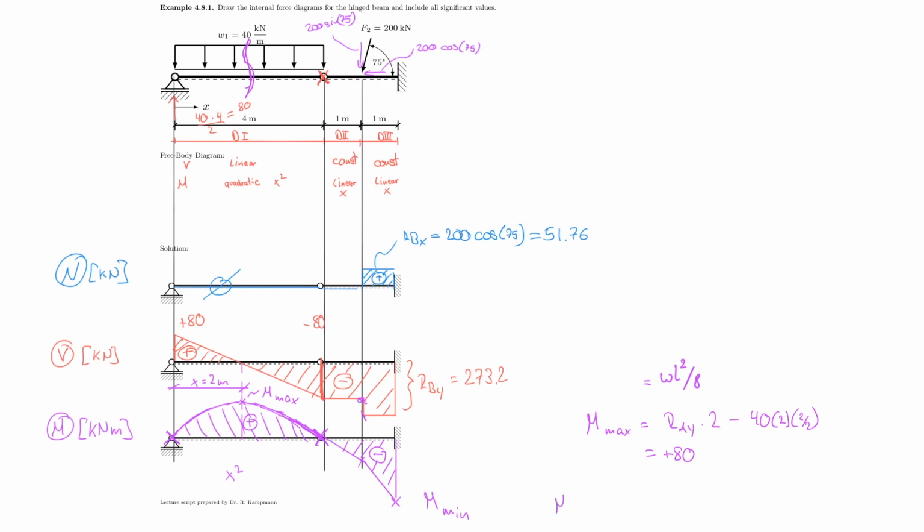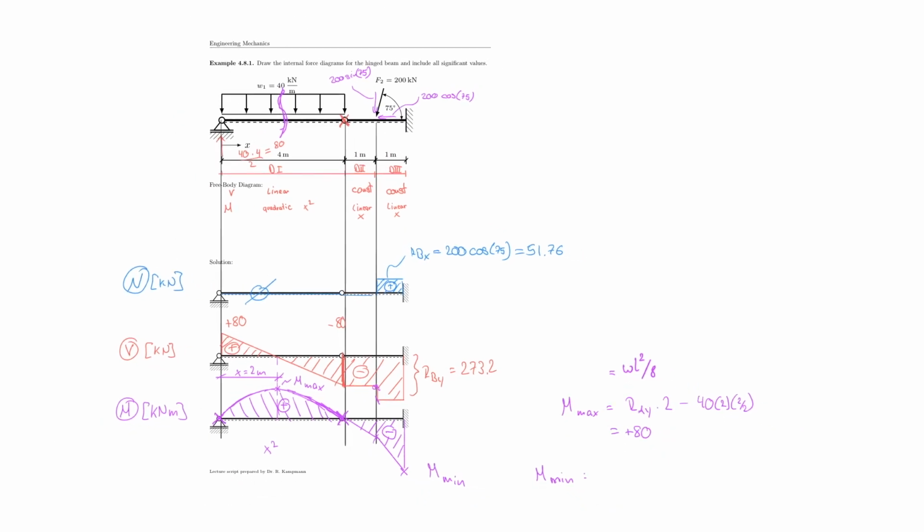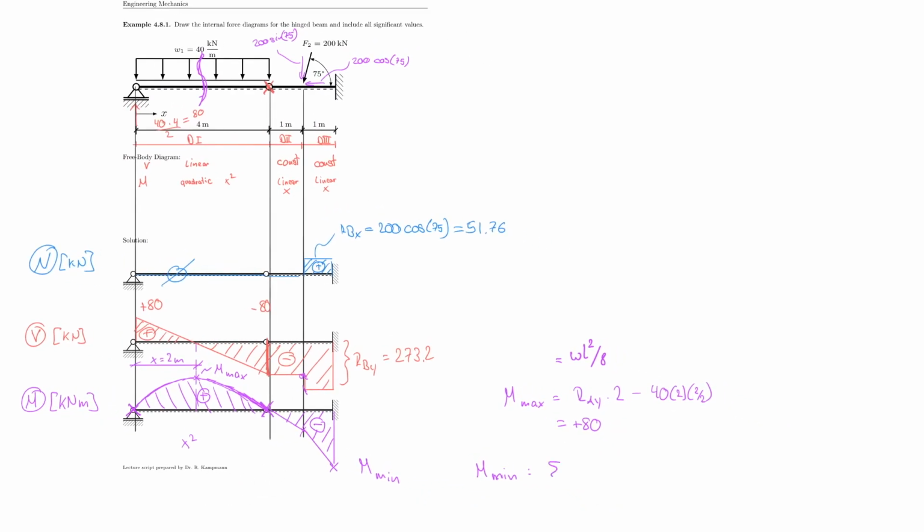For the M min, it becomes a little bit more complicated because it's probably the easiest to start from the left side and cut the entire system. So what would I do? If I want to be really diligent, I would say the sum of the moments is equal to 0.